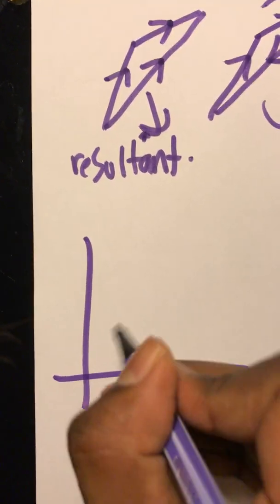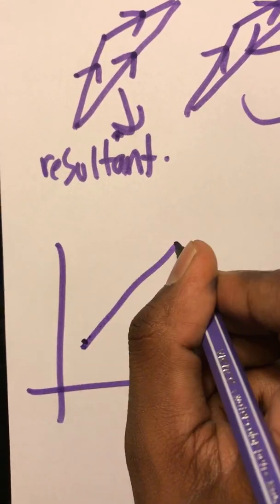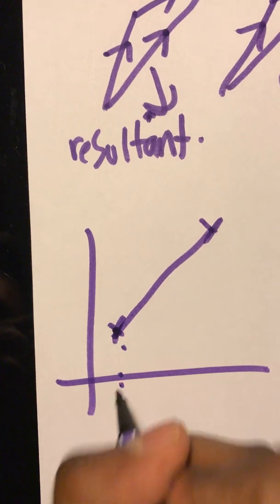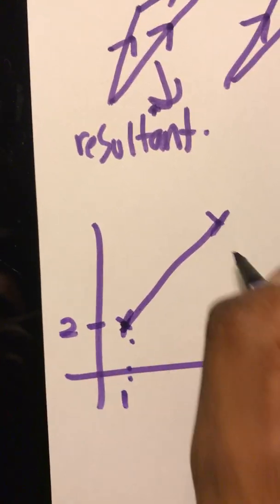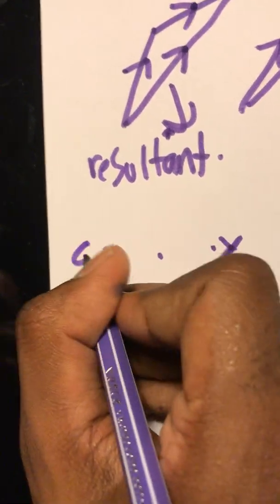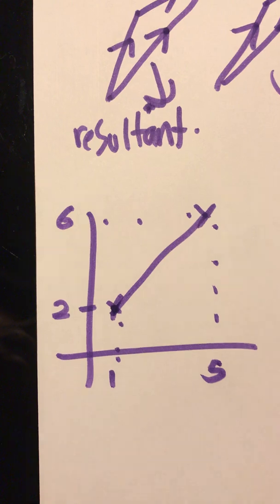Referring to the textbook example just now, let's say I have a vector from here going to here. I want to know what this vector is. Let's say this point is 1, here is 2, and here is 5, here is 6, for example. I want to express this vector in this form.